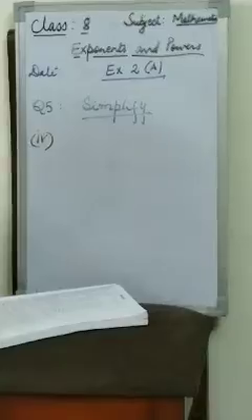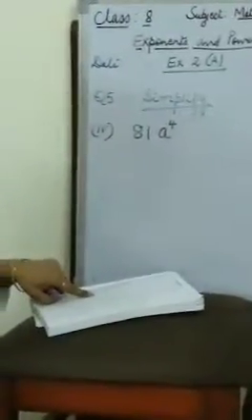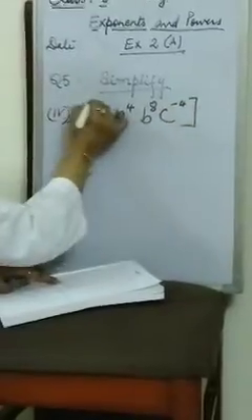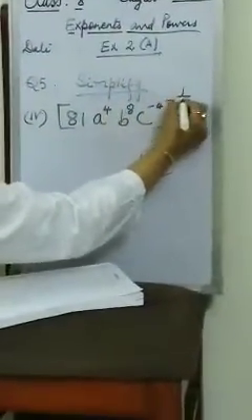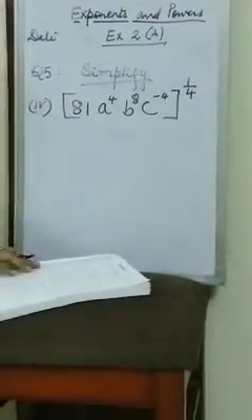Let's see. 81 a to the power 4, b to the power 8, and c to the power minus 4, and whole has power, not minus, it is plus 1 by 4. So firstly 81 needs to be converted into power form.